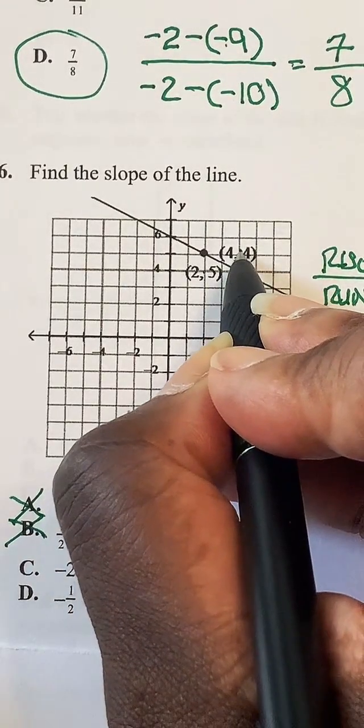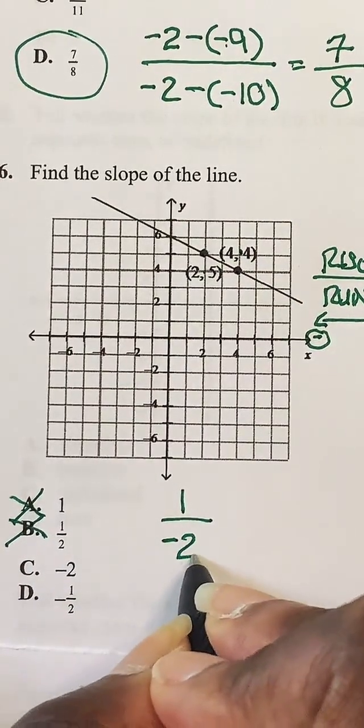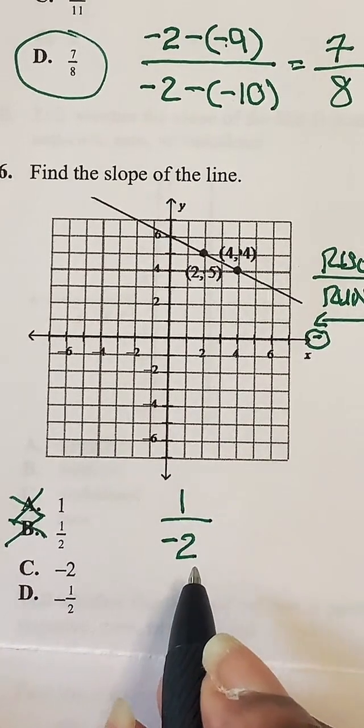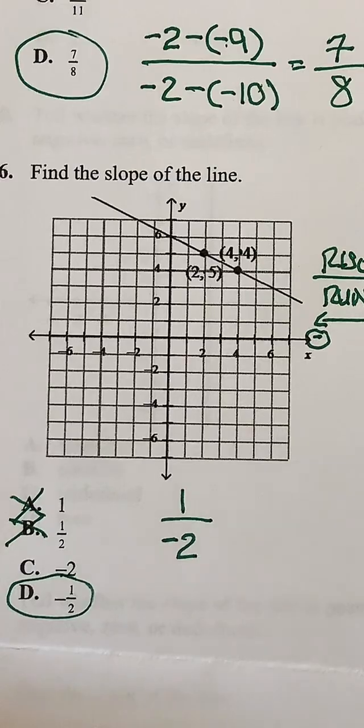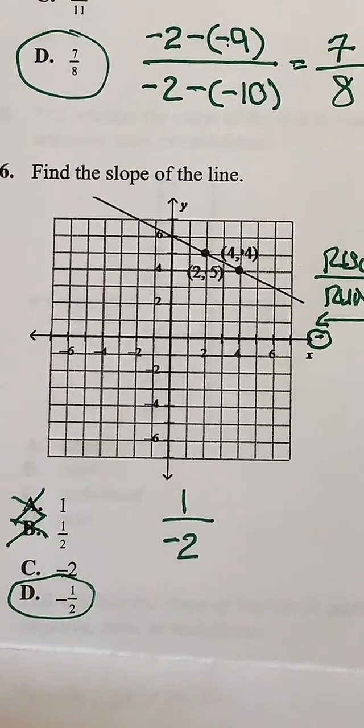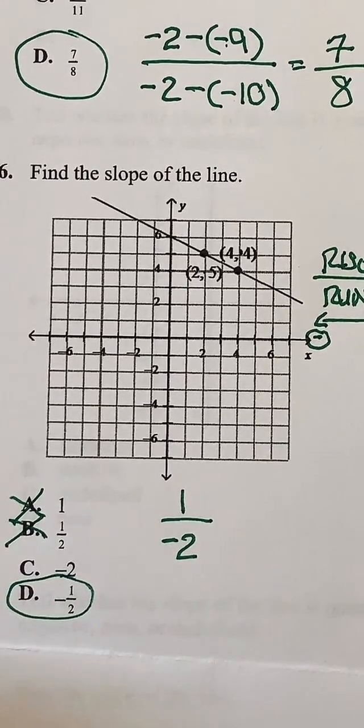But then I'm going to go to the left 2, so it'll make it into a negative 2. This is still a negative slope. When you have a negative slope, only one of the two has to be negative, either the numerator or the denominator.